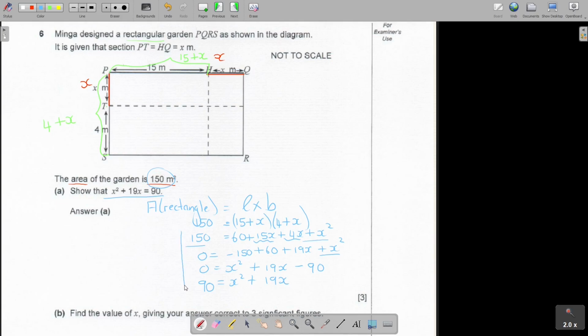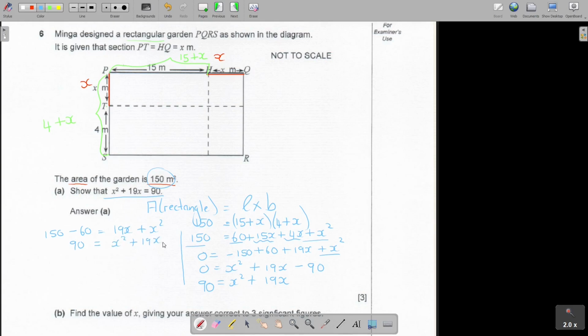So in this step, I could have said 150 and I could have taken the 60 over. And then it's going to be 19x plus x squared. And then I could have just arranged the sides. So I got the 90 there, and I got the x squared, and I got the 19x.